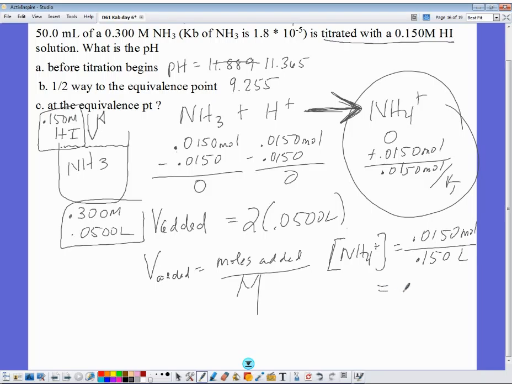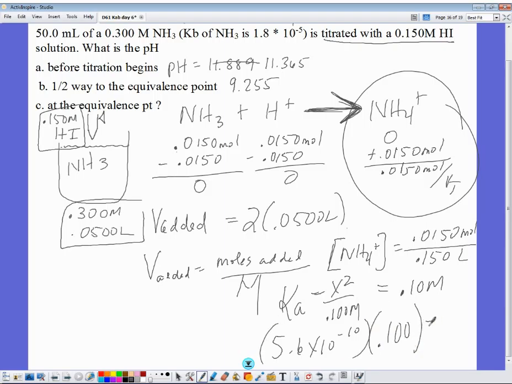So that gives me a molarity of 0.1 molar. And then I just simply say Ka equals x squared over 0.1 molar. And Ka was 5.6 times 10 to the minus 10. So when that gets multiplied by 0.1 molar, it's set equal to x squared, and I'm able to square root both sides.